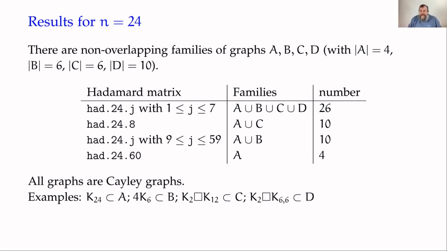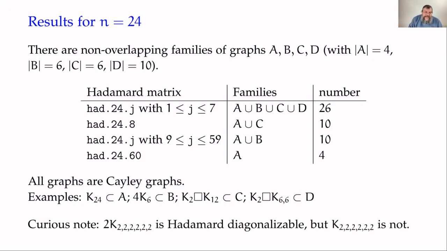They're all interesting in some sense, because they now have a nice property. They're all Hadamard diagonalizable. But there's one which I think is really interesting. I was like, wow, this is cool. And that's the cocktail party graph, namely 2 copies of the cocktail party graph on 12 vertices. Now, if you recall, what is that graph?